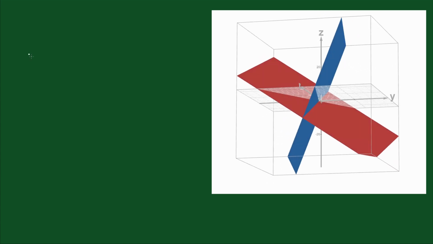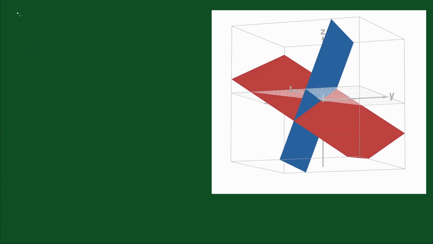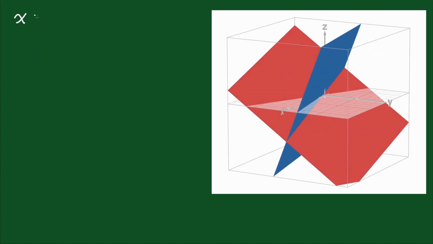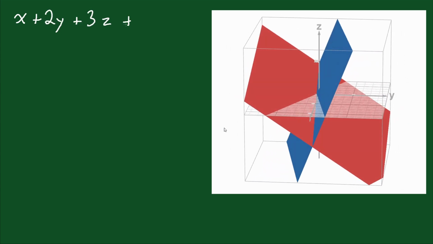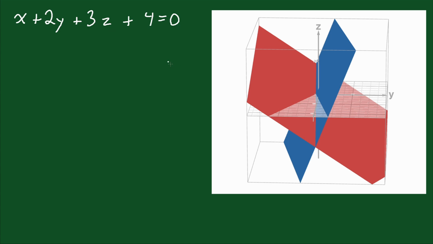Now I have the equations for these planes as well. The red plane has the equation x plus 2y plus 3z plus 4 is equal to 0, and the equation for the blue plane is negative x plus 5y minus 2z plus 7 is equal to 0.